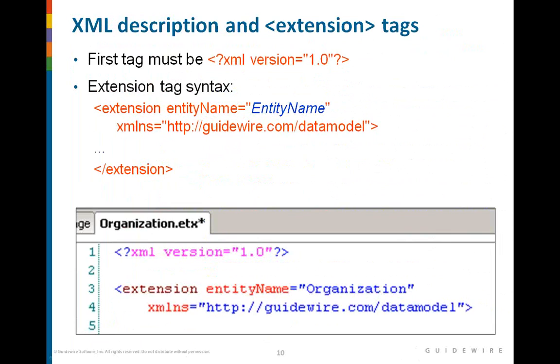This is the syntax: XML version 1.0, extension entity name equal to the entity name, and XML namespace equal to library.com.